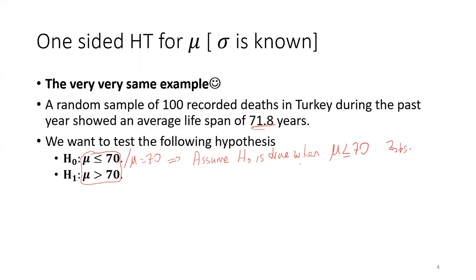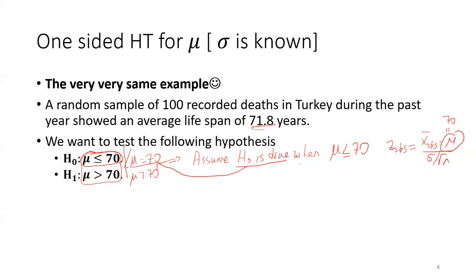Z observed is equal to x bar observed minus mu divided by sigma divided by root n. So what is mu if H0 is true and you use mu smaller than or equal to 70? Hence we have an equivalent representation, mu is equal to 70 versus mu is greater than 70. Assuming H0 is true, this is easy. We just put mu equal to 70 there.